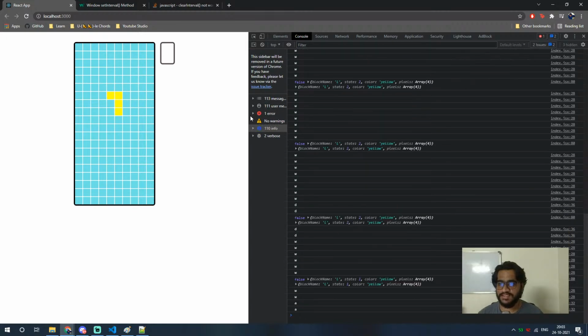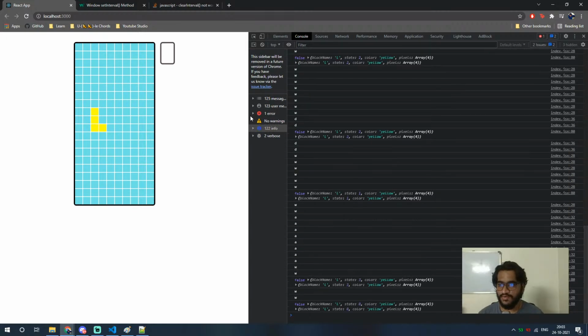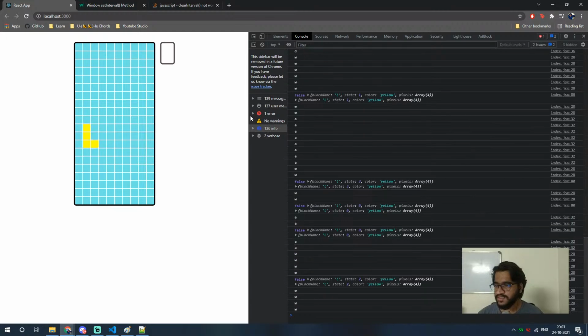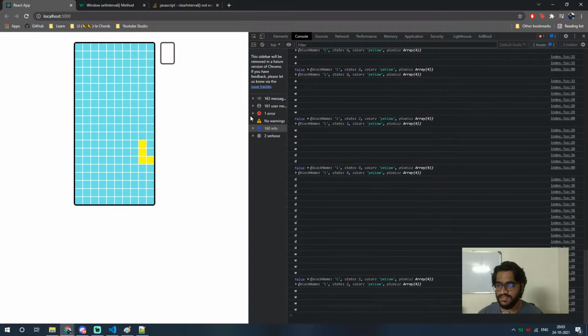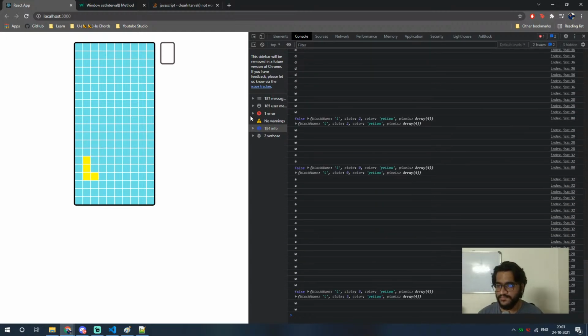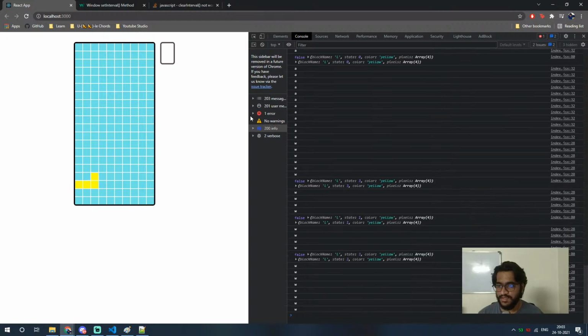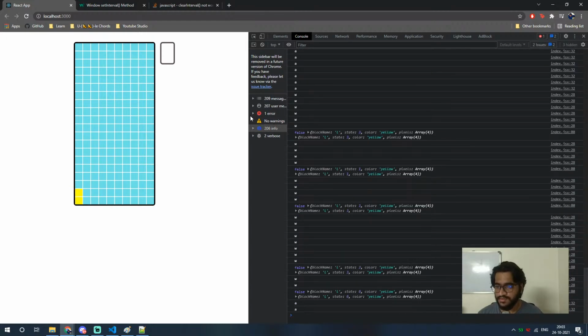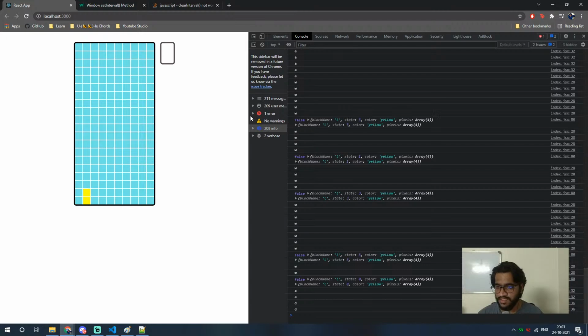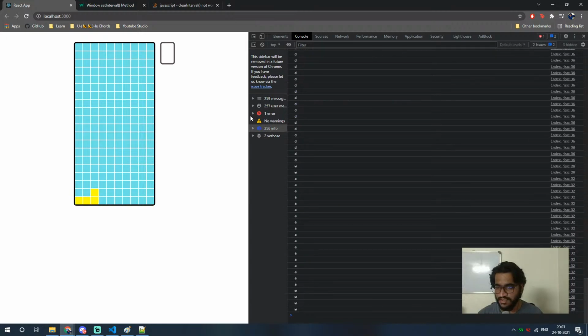I feel like this is how real Tetris feels. Yes, of course, it's like that. I think we have accomplished a lot. Okay, this is something. Yes.